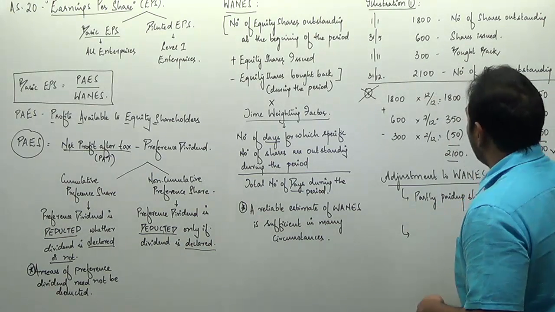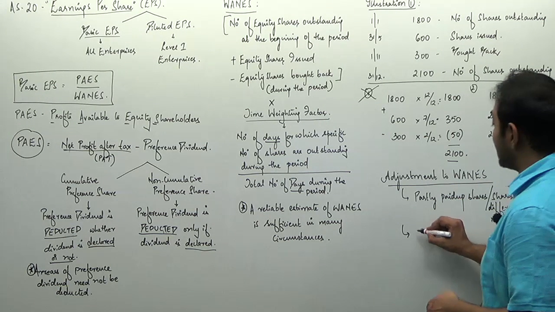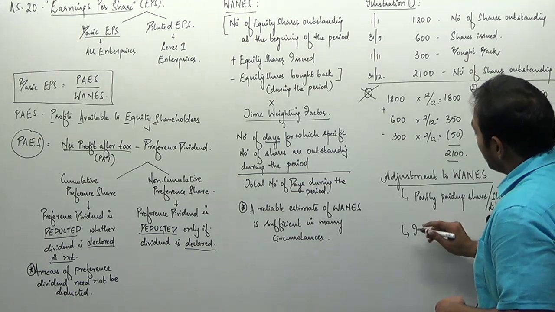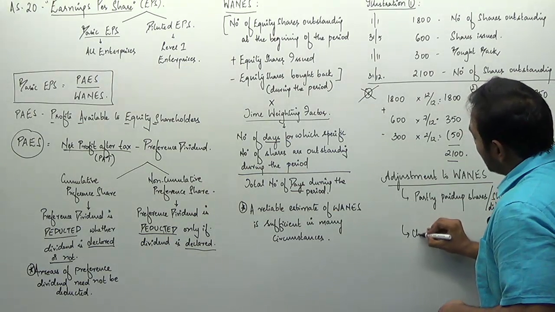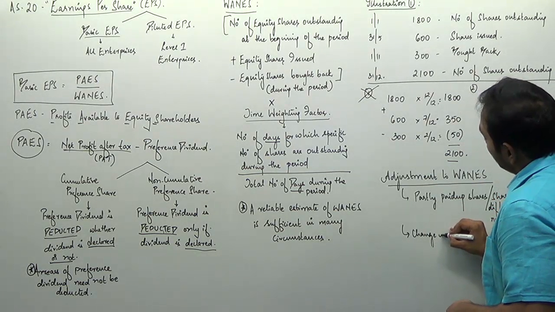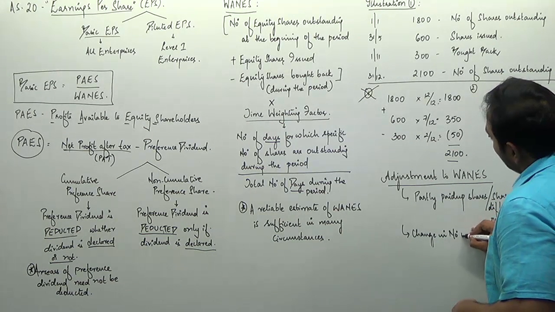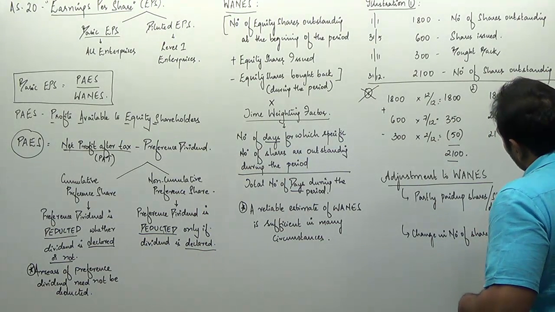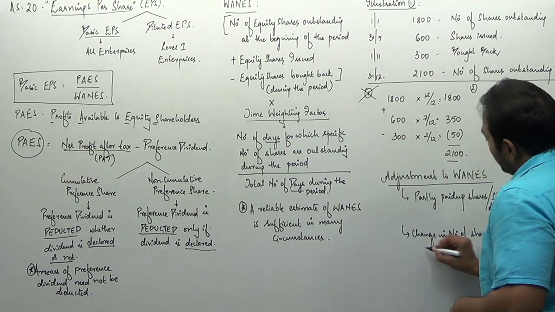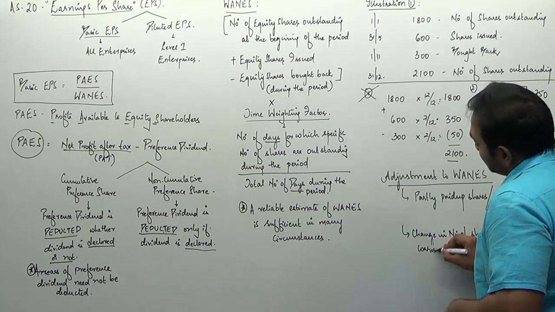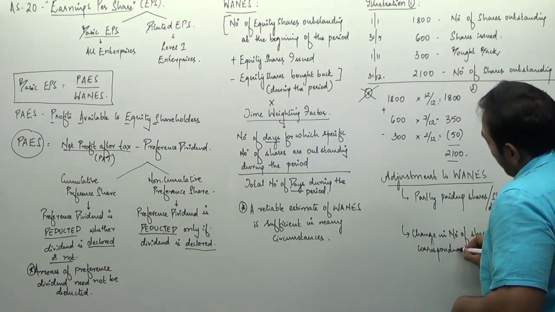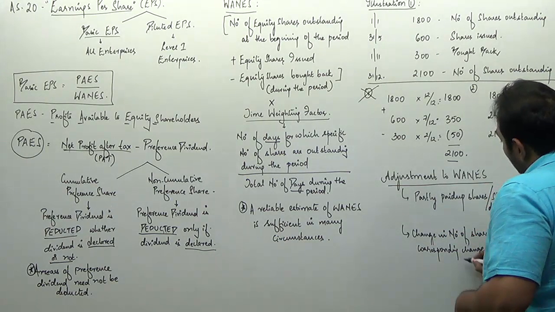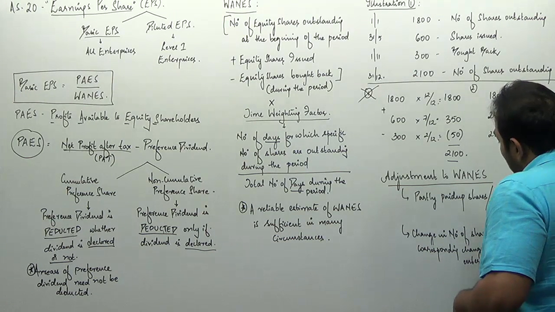My second adjustment is change in number of shares without corresponding change in enterprise resources.